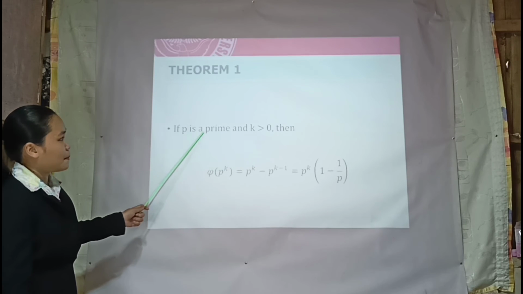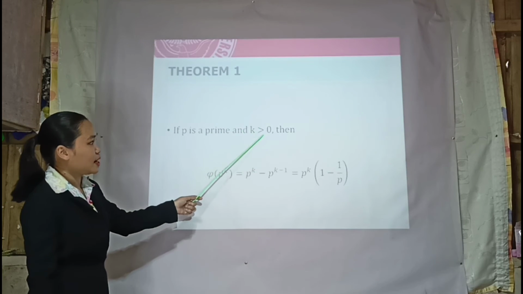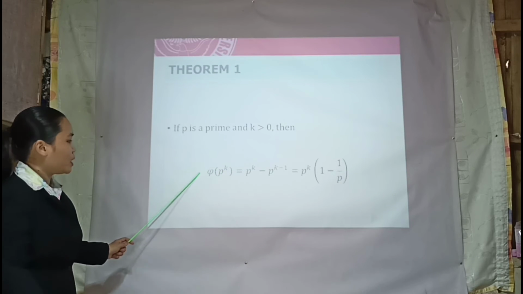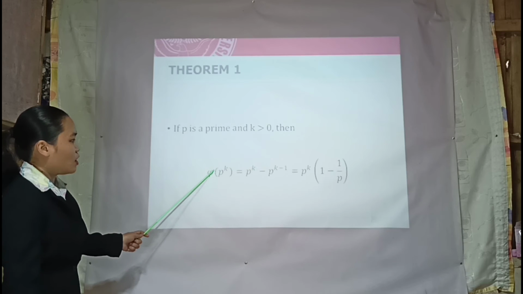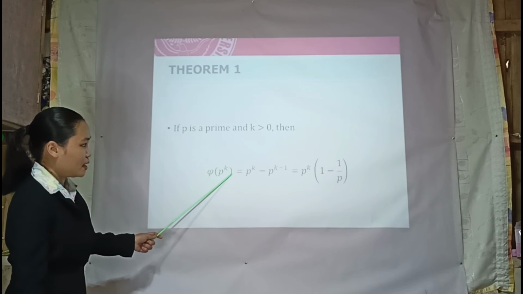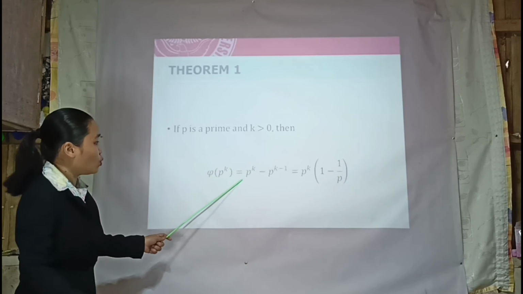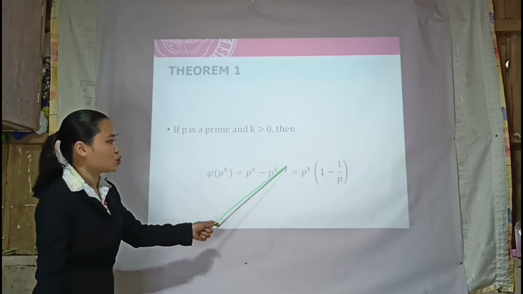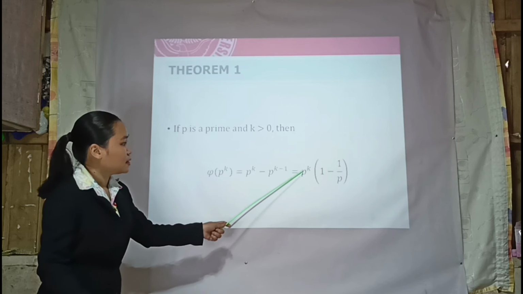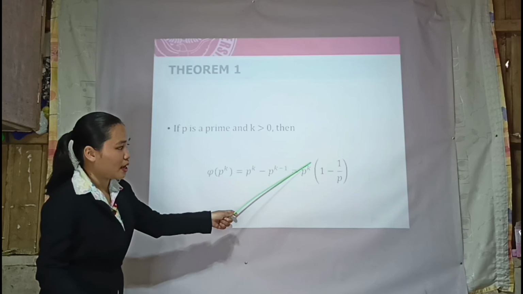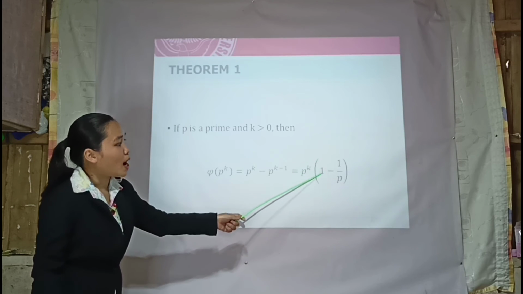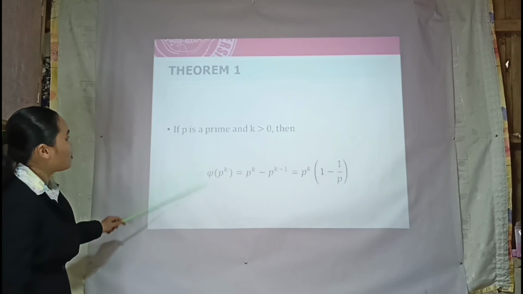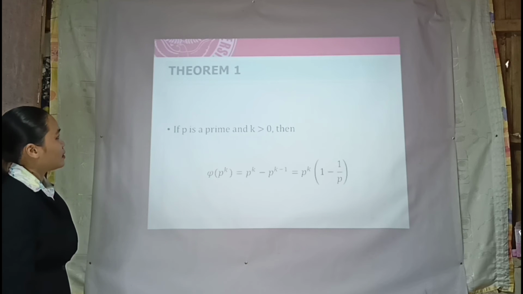If p is a prime and k is greater than 0, then here is the formula: phi of p raised to k is equal to p raised to k minus p raised to k minus 1, equals p raised to k times 1 minus 1 over p. So, this is the formula for theorem 1.